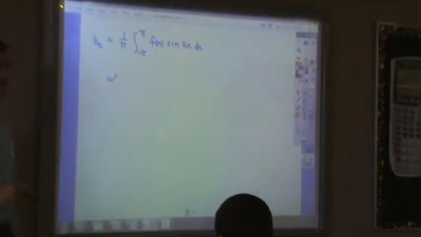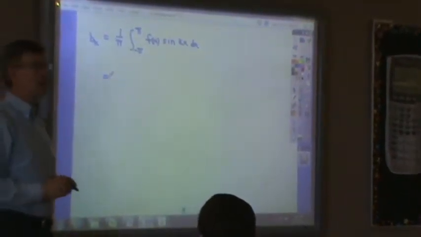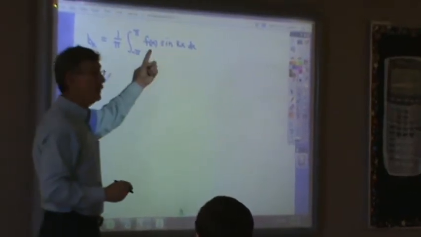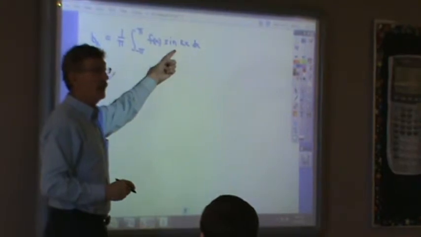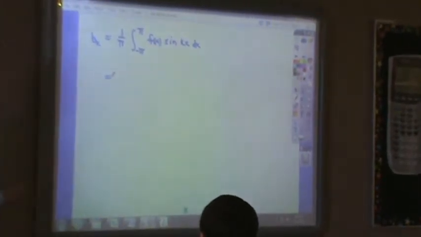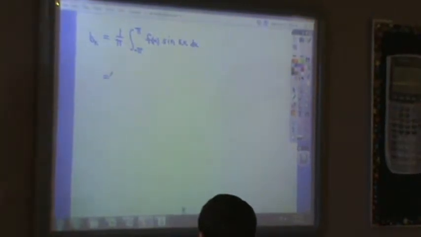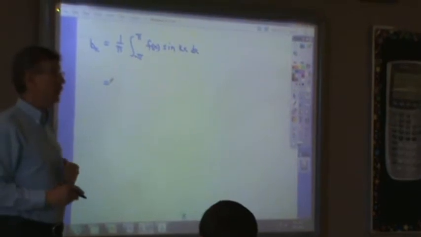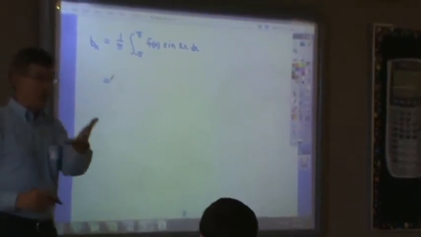Okay, let's look at the even-odd thing. What do you find? It's even, because this guy's odd, the sine function is odd. Odd with an odd makes an even function. What do you know about even functions? You can replace the integral minus pi to pi by 0 to pi, and then double the result.